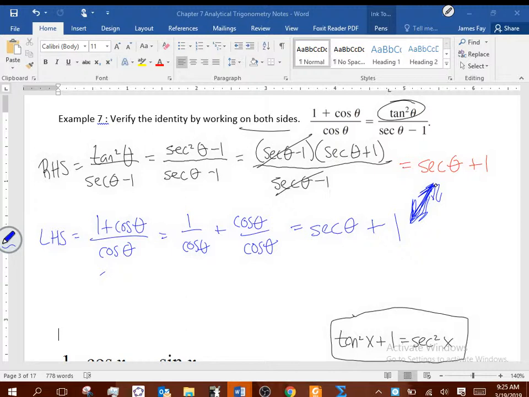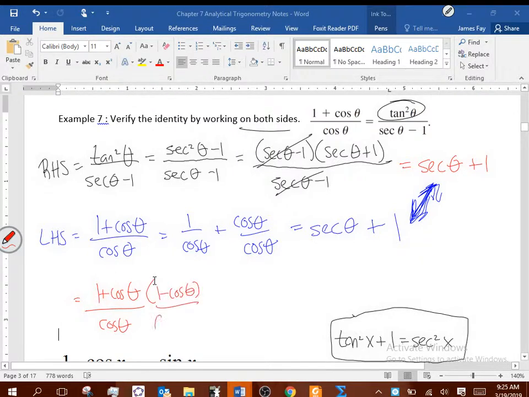Let's say that maybe I was uncertain about separating these as fractions. Let's see if this will work. If I go 1 plus cosine theta over cosine theta and multiply by 1 minus cosine theta over 1 minus cosine theta, when I do that, these are conjugates, right?